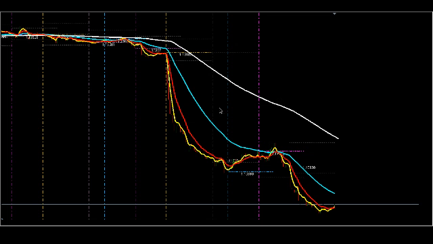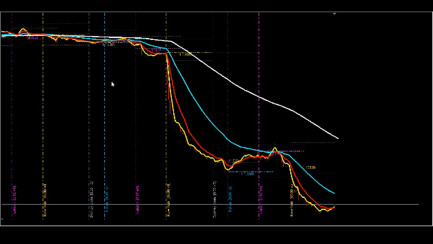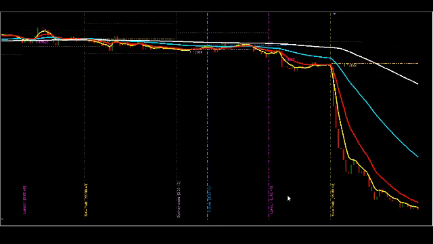Now, with those sessions, what do we know about them? Big movements happen at the open. Now we have Sydney, Tokyo, London, and New York. Zoom in a little bit.